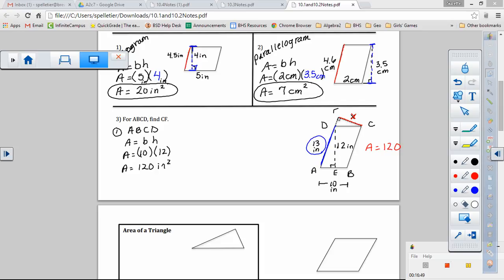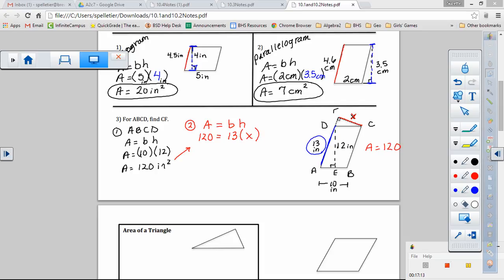So I'm going to use some substitution here. So step 2 is going to look like this. The area equals the base times the height. And I know the area is 120. And I know the base is 13, and now I just have to solve for the height, which of course is X, so let's put it in there as X, because I don't know what it is, that's what I'm solving for.